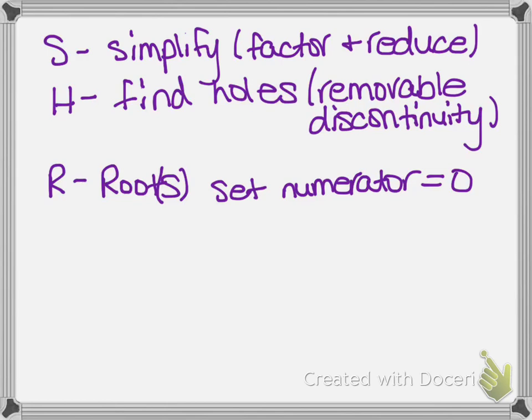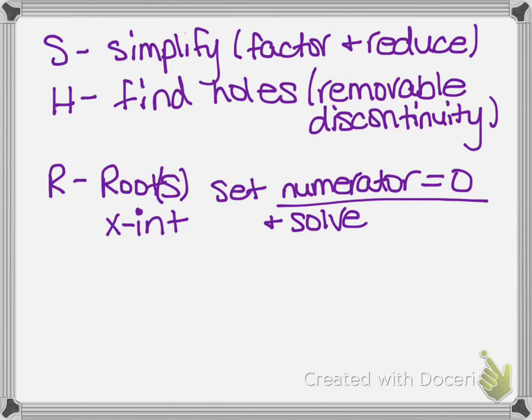And remember that roots is just another word for x-intercepts. So what you are figuring out is, where is your equation going to be equal to 0? And your equation is going to be equal to 0 when the numerator is equal to 0. So we will set our numerator equal to 0, and then we will solve.